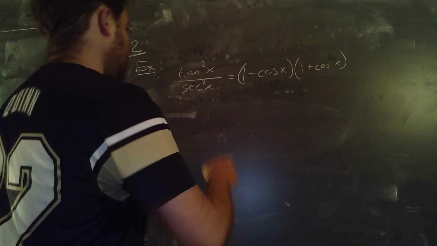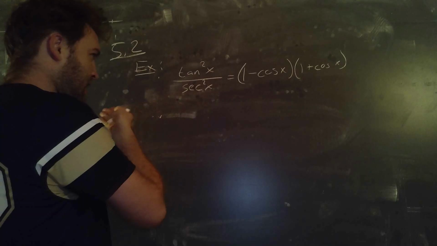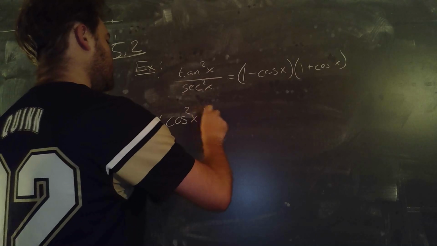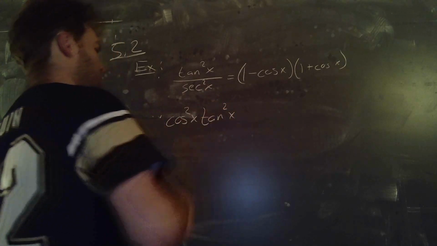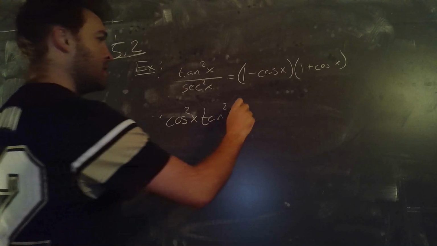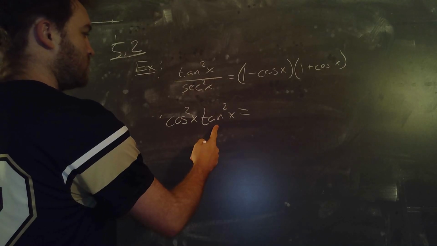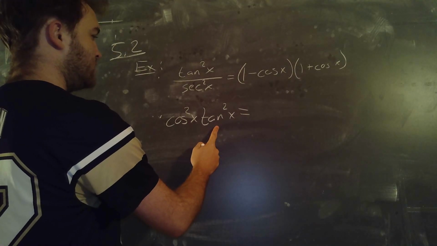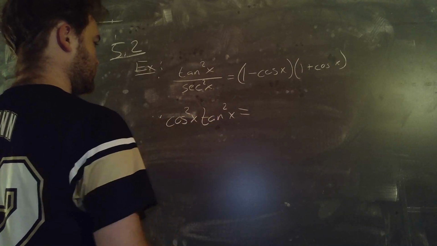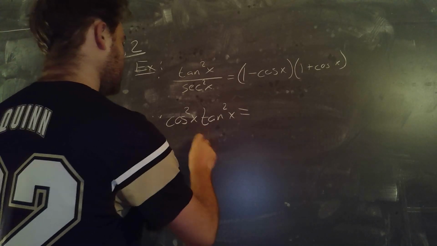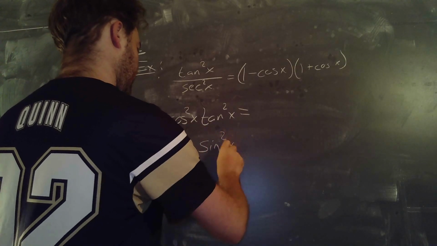So we can notice that secant on the bottom of the vinculum is a cosine on top. So that actually says tangent squared times cosine squared. Well, for tangent squared times cosine squared, we can notice that the quotient identity for tangent is sine over cosine. So the two cosines on the bottom will cancel with the cosines here, leaving us with sine squared.